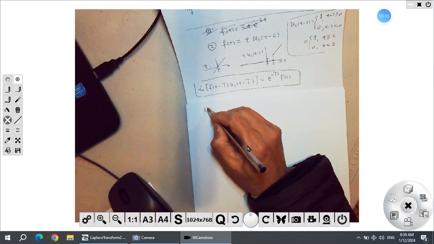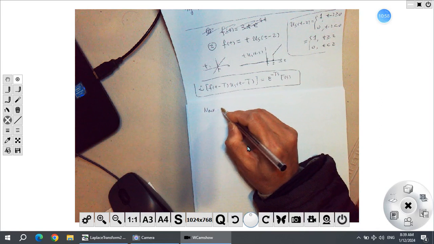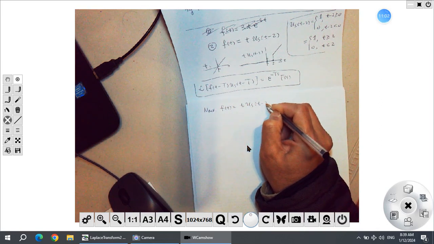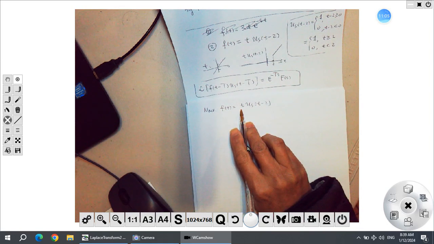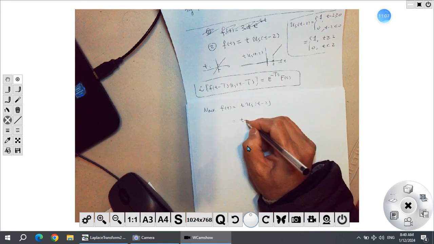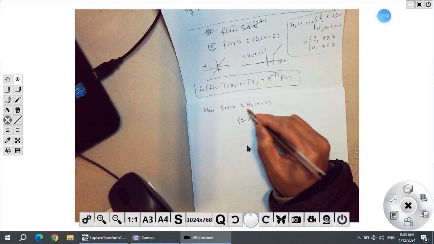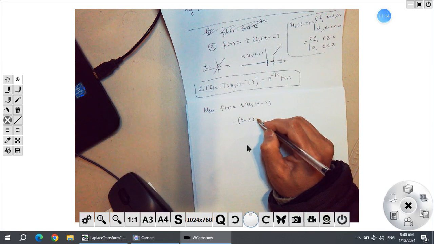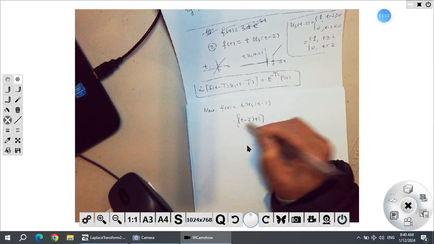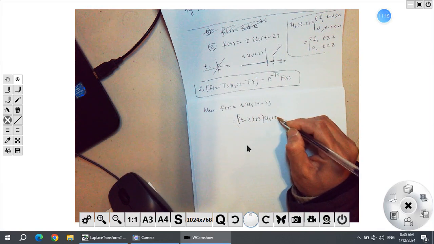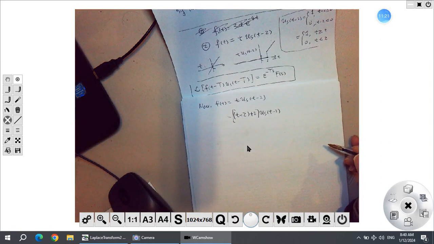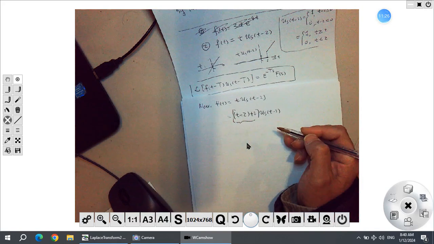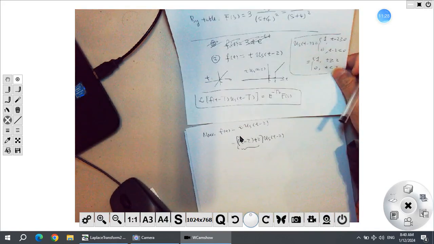Now, f of t, which is t times u_s of t minus 2. I want to change this to be t minus 2, so this equals t minus 2. But they should be equal, right? How can we make these two equal? I need plus 2 again. Two things are confused, so I made a little change.